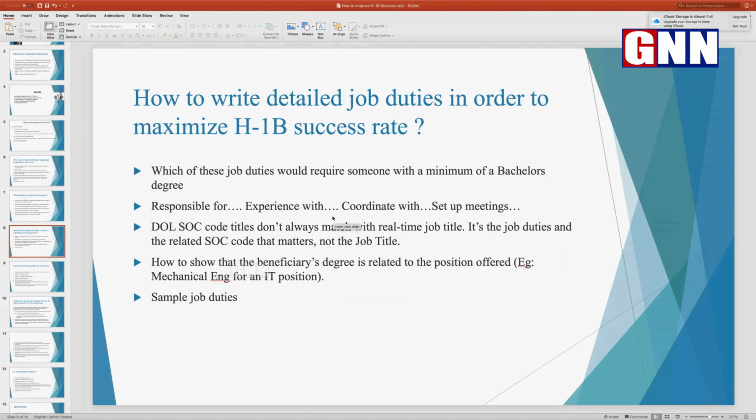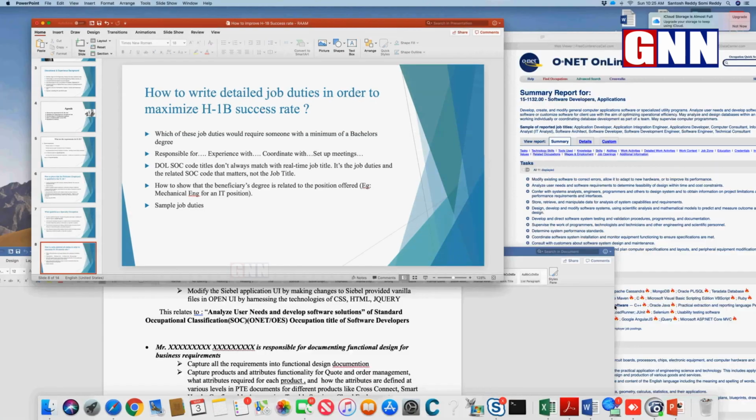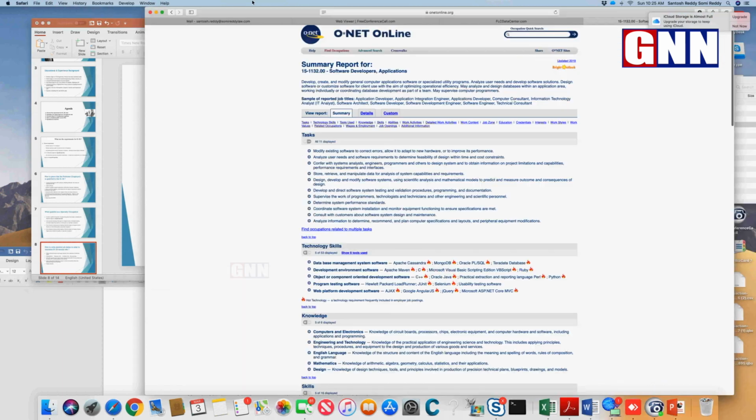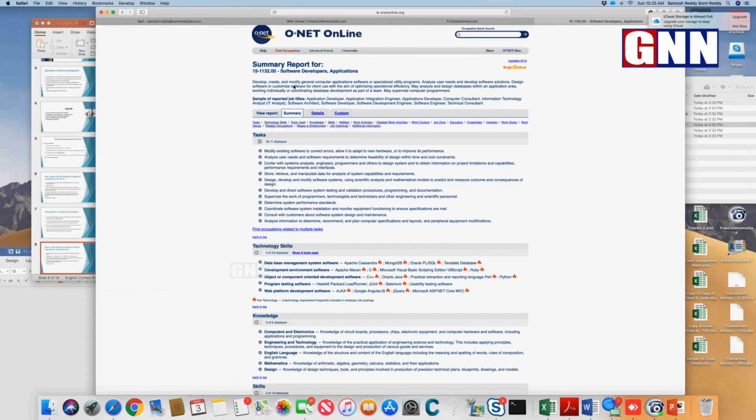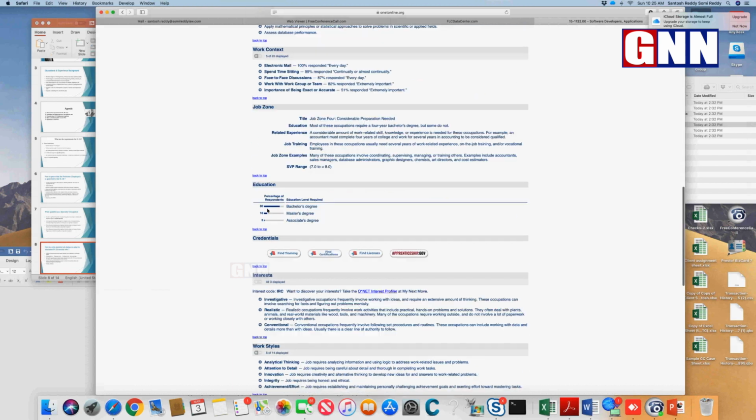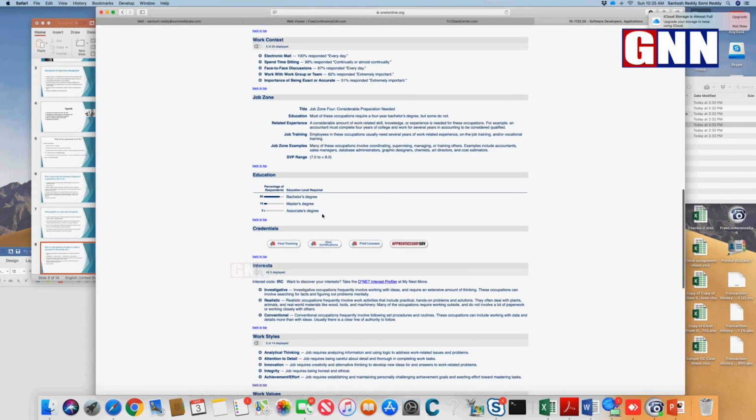For example, systems analyst is a high-level position in the real world, but as per DOL, it's actually a low-level position. One way to look at this is, whenever you choose an SOC code, for example 15-1132, you always go down and look at the percentage of these positions that require a bachelor's degree or master's degree or associate's degree.